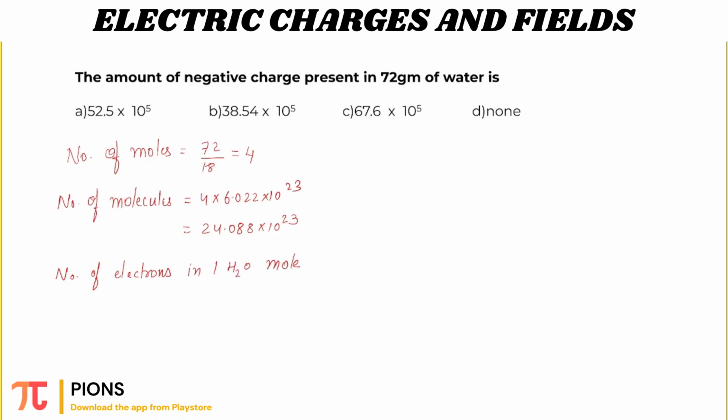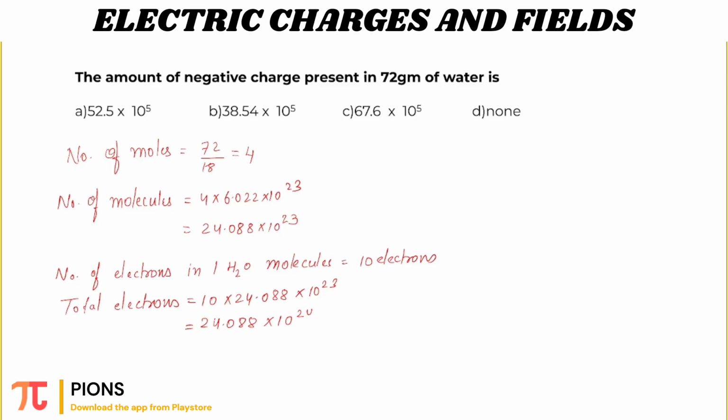So the total electrons will be 10 into 24.088 into 10 to the power 23. I simply increase the power, so 24.088 into 10 to the power 24.